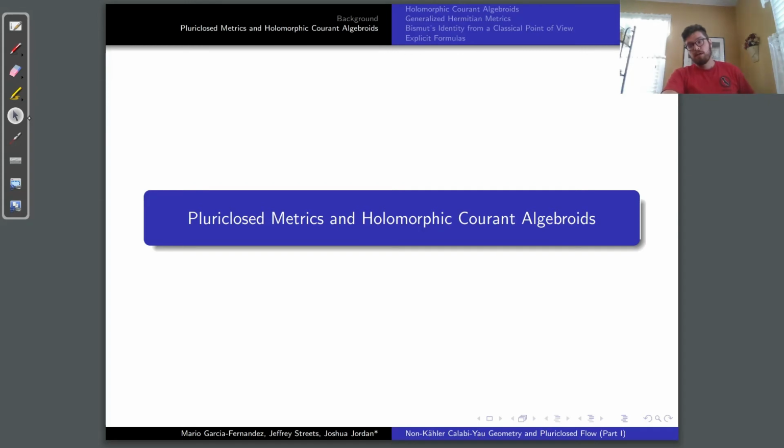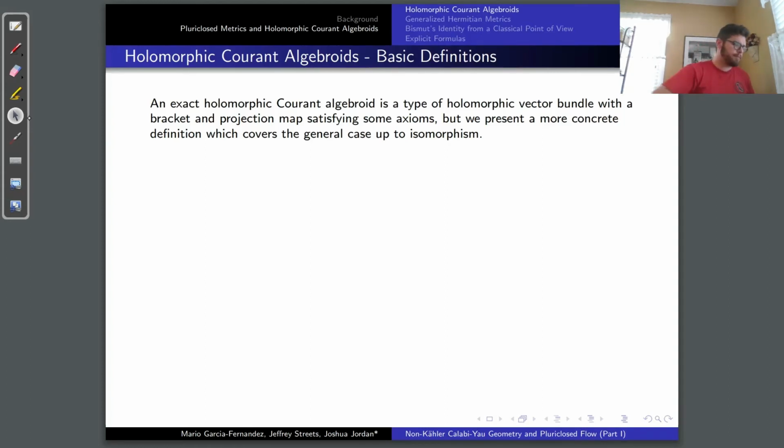All right. The next thing to talk about are pluriclosed metrics and holomorphic Courant algebroids. These are a little new, so I think it's worth going over some definitions. An exact holomorphic Courant algebroid is a type of holomorphic vector bundle, really. It's got a bracket and a projection map satisfying some axioms.